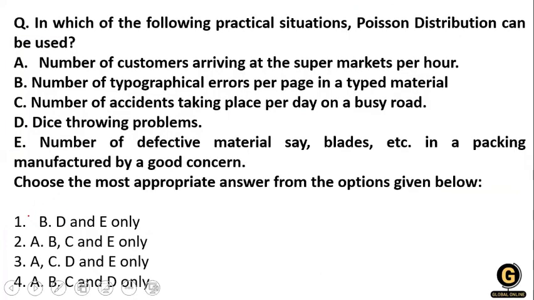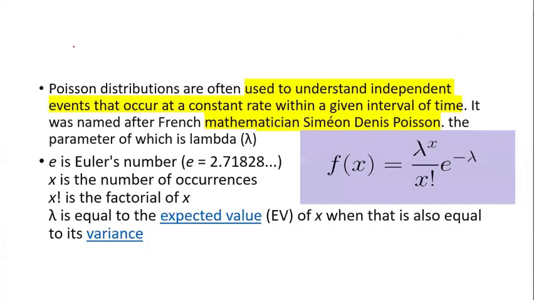Let's move to the next question on your screen: in which of the following practical situations can the Poisson distribution be used? First of all, you need to understand what the Poisson distribution is. It is used to understand independent events, which do not depend on each other, occurring at a constant rate within a given time interval.